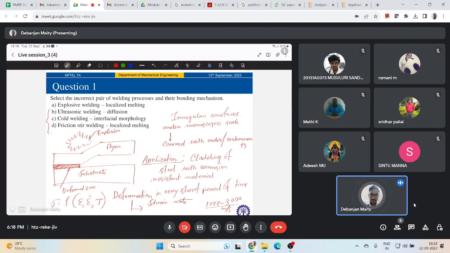What happens in ultrasonic welding? If you think of this ultrasonic welding, I'm rubbing this part.